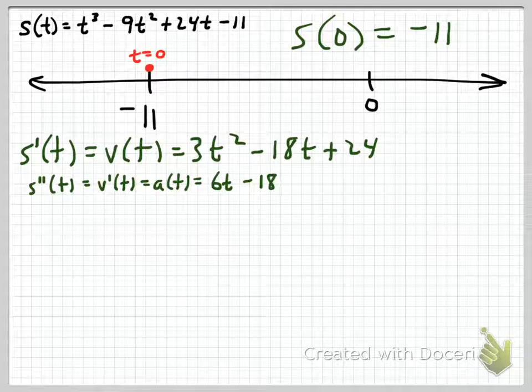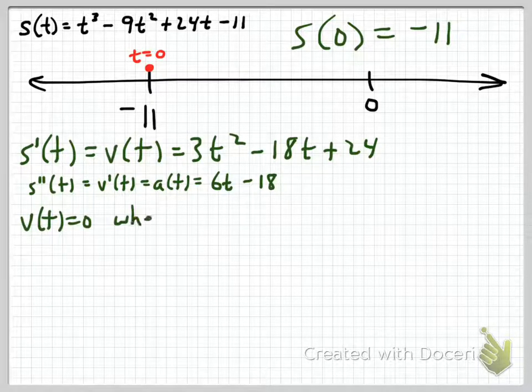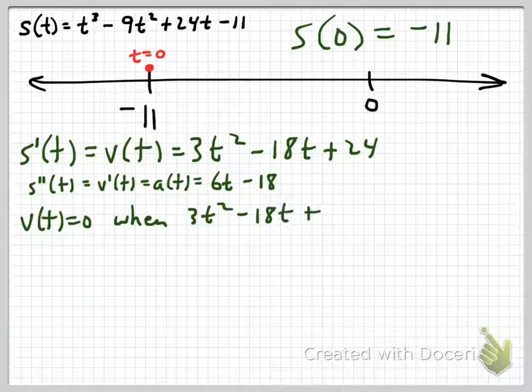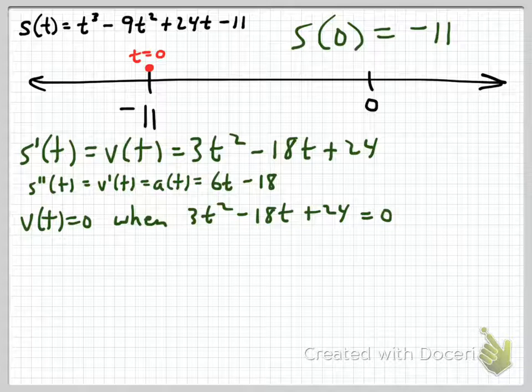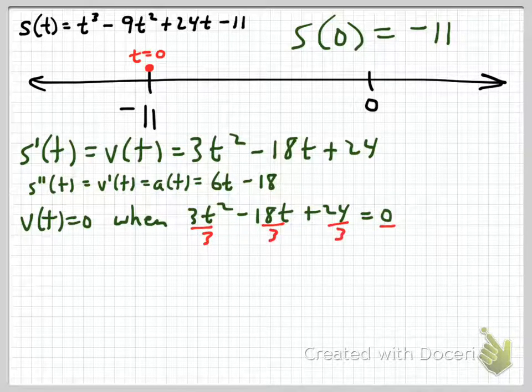For us to know when the velocity is positive and negative, we first want to figure out where the velocity is 0. So velocity equals 0 when this function, the velocity function, 3t squared minus 18t plus 24 is equal to 0. So we can divide every term by 3, get rid of that extra factor that we don't need.